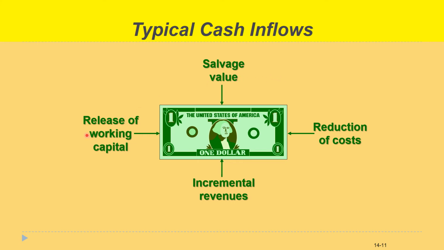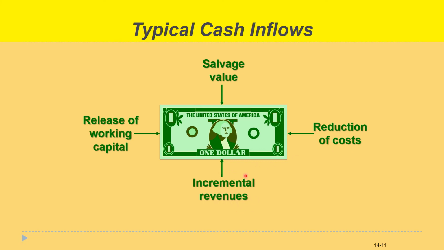When you have release of working capital, we know that to be current assets minus current liabilities, and usually when you release the current assets to work on a project, that is an inflow of cash into the project. Reduction of costs or cost savings, another cash inflow. If you can reduce your costs, it is regarded as a cash inflow or the equivalent of a cash inflow.